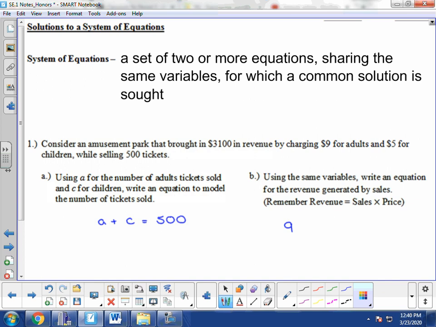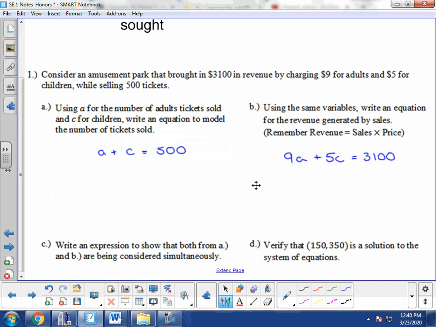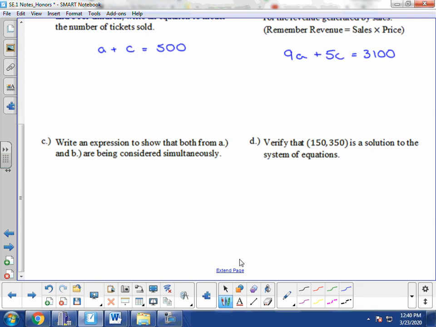So the revenue generated by adults tickets would be 9 times A. Then the revenue generated by children's tickets would be 5 times C. Those two together must give us a total revenue of $3,100. So these are two equations that we have here that relate the adult and children's tickets into two different expressions.